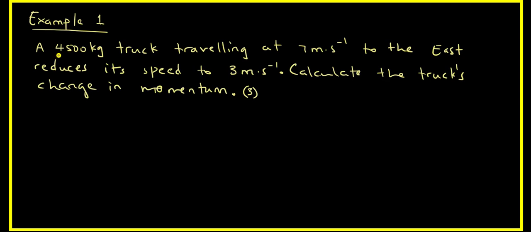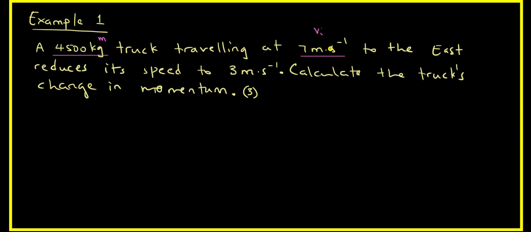In this example, we are told that a 4,500 kg truck traveling at 7 meters per second to the east reduces its speed to 3 meters per second. Calculate the truck's change in momentum. So our given info: we have mass, and we have the velocity of the object. This is the initial velocity.